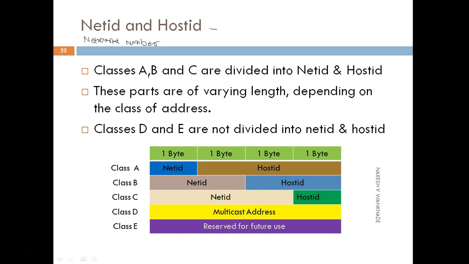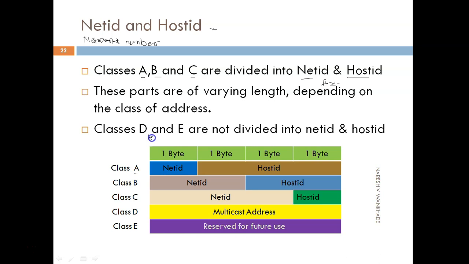In classful addressing, IP address space is divided into 5 classes: class A, class B, class C, D and E. Out of these 5 classes, class A, class B and class C are divided into net ID and the host ID, and these parts, net ID and host ID, are of varying length depending on the class of address. Classes D and E are not divided into net ID and host ID.